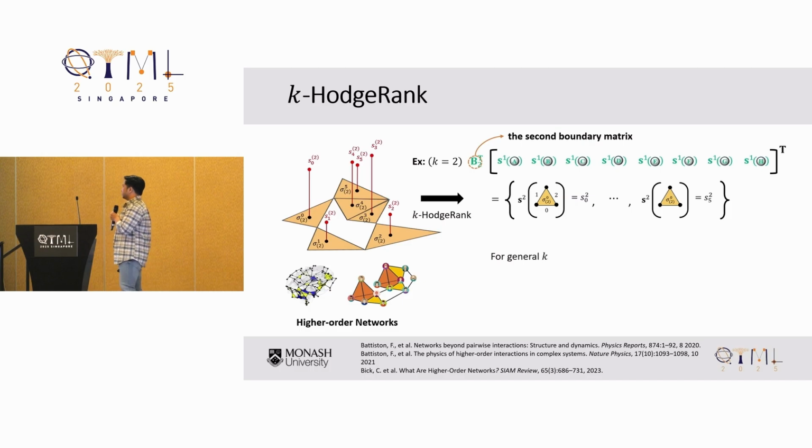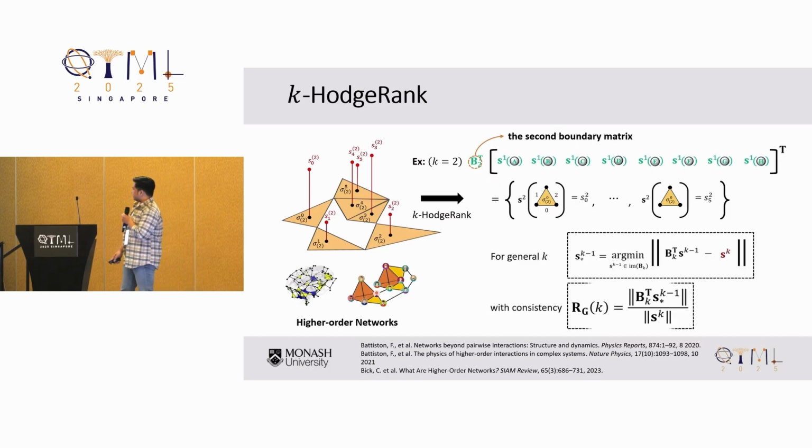Okay, so for the general K, given data on K simplices, the HodgeRank will output data on K minus 1 simplices and satisfy this minimization problem with this consistency measure. Okay, so this is the idea of HodgeRank problem.